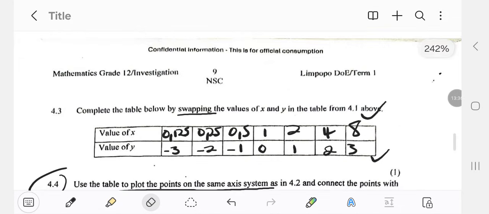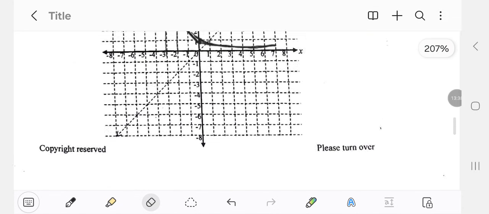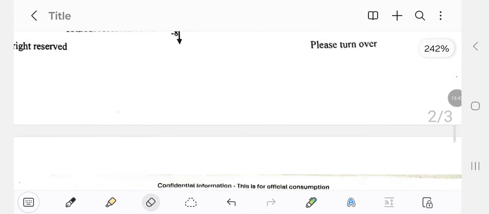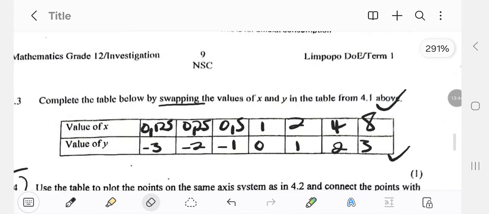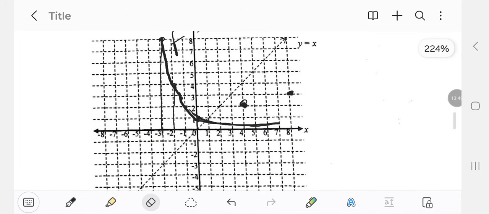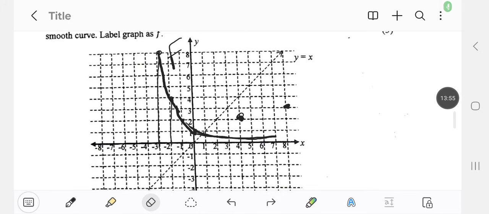It is 4. 4 and 2, sharp. 2 and 1. I made a mistake somewhere. Let me.